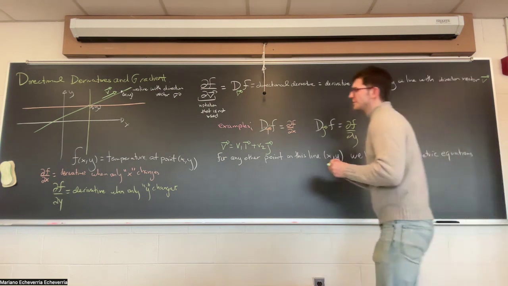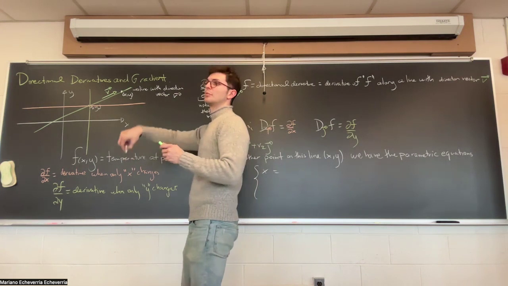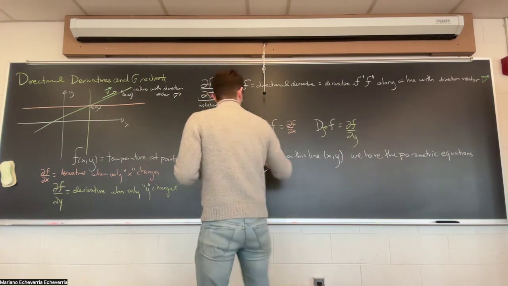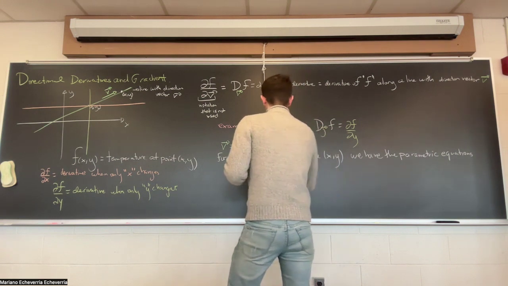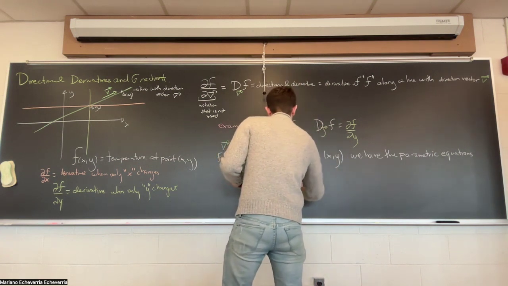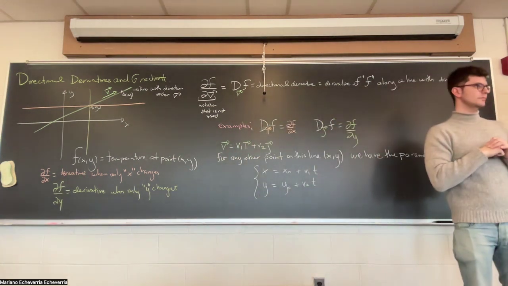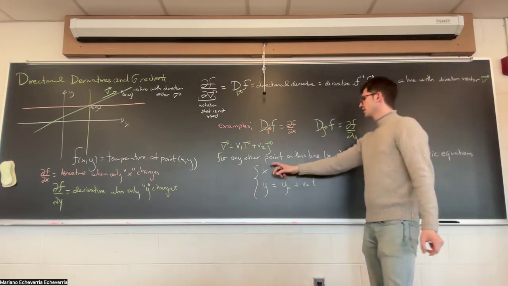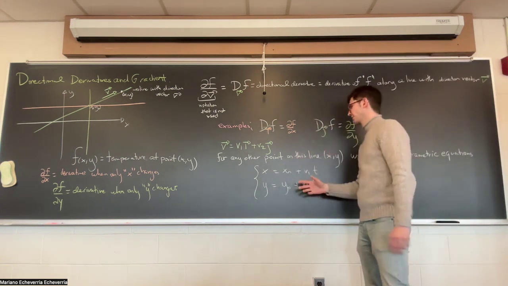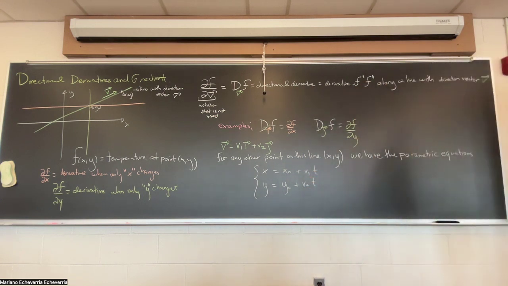I don't know if you remember those from the first exam. It's just that x is x naught plus b1 t, and y equals y naught plus b2 t. That gives you the x and y coordinates of any point on the line in terms of the initial point and the direction vector b.